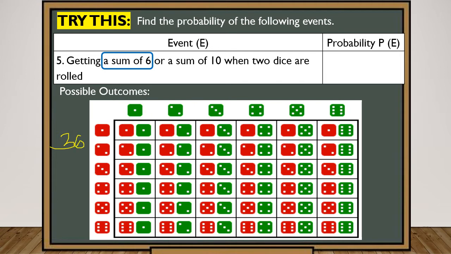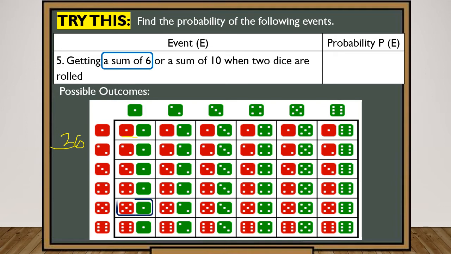When you roll 2 dice, you might get 1 1, 2 1, 3 1, 4 1, 5 1, and 6 1. On the second column, you might get 1 2, 2 2, 3 2, 4 2, 5 2, 6 2, and so on and so forth. Now we will identify from these possible outcomes those whose sum is 6.